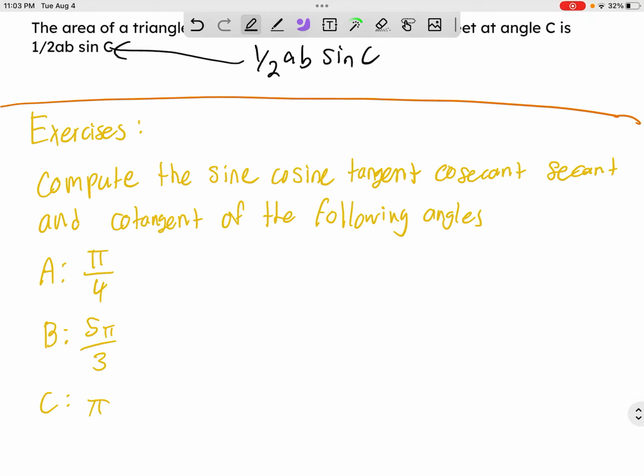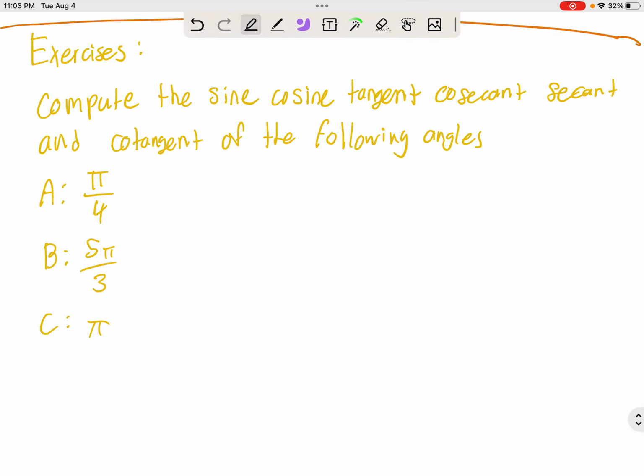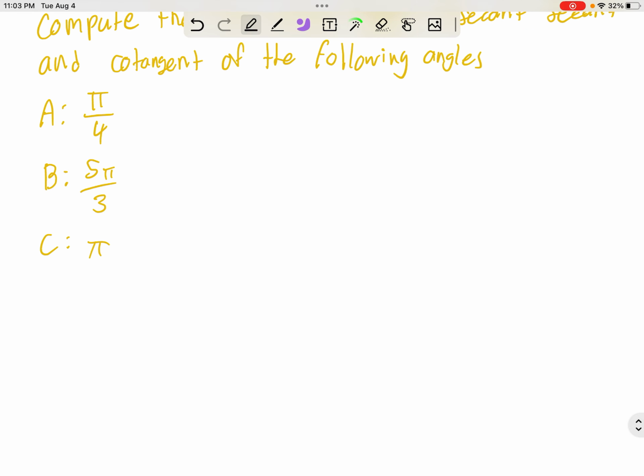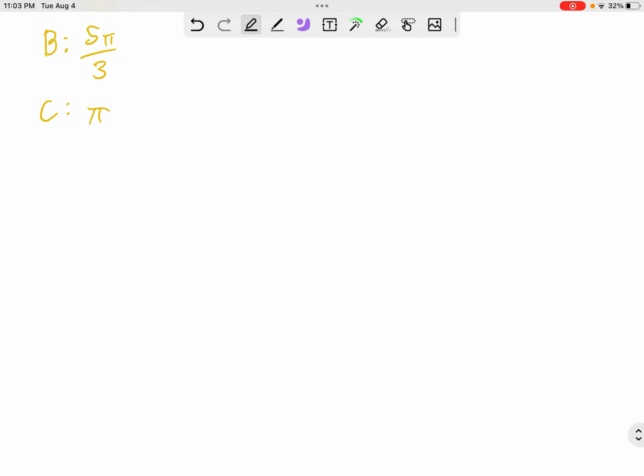Just one exercise today. We'll be computing the sine, cosine, tangent, cosecant, secant, and cotangent of the following angles. This is gonna be a really long one. So we'll be using the sine formula, cosine formula, and tangent. So here we go. Number 1. Theta will be equal to pi over 4.